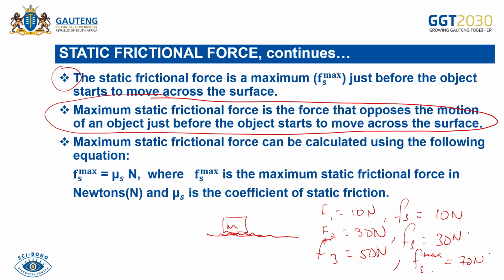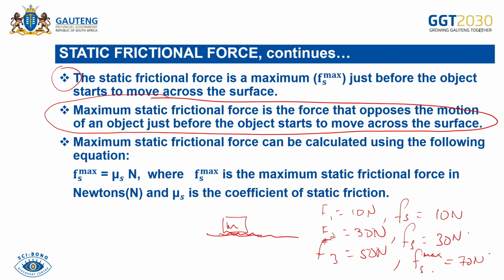So when you keep on increasing that force, and still the object does not move, say we are moving from 10 to 15 newtons, what will be your static frictional force? It is still 15 newtons. Then obviously the object will remain stationary.